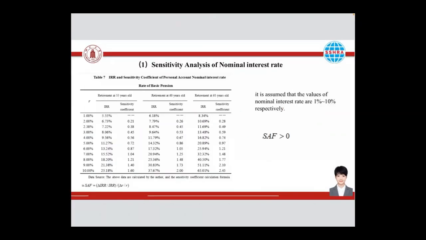In order to investigate the influence of the change of personal account nominal interest rate on the IRR, it's assumed that the values of nominal interest rates are 1% to 10% respectively.